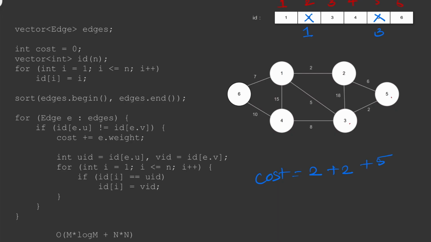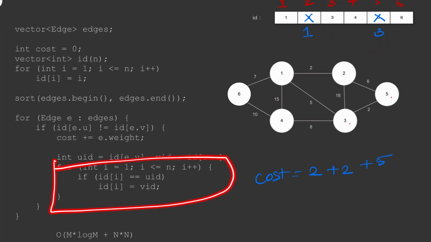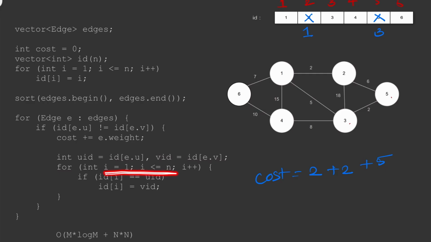While merging, we need to update the ID of all the elements present in the subtree of 3. In the subtree of 3, we have two elements: this one and this one. Remember, the ID of 5 has been updated to 3. This is what we are doing in this for loop. We iterate over all n elements and check whether the ID of node i is equal to the current ID, UID.